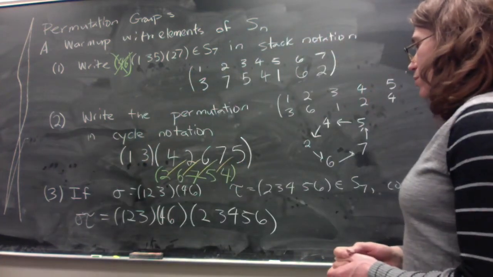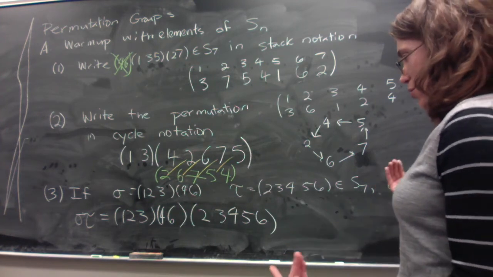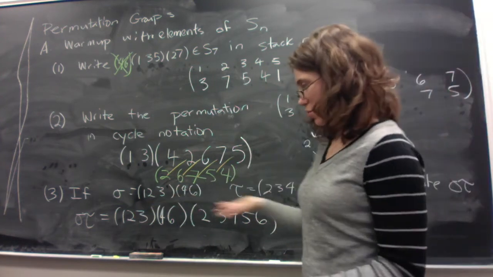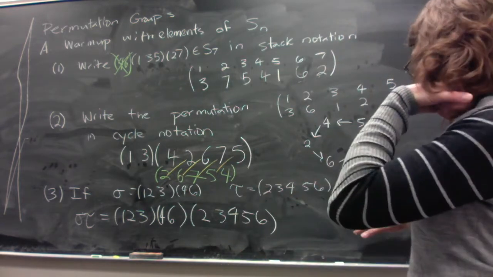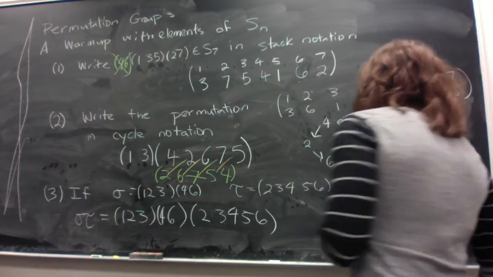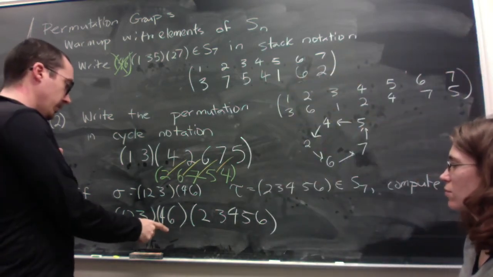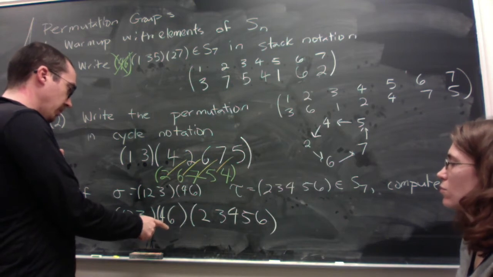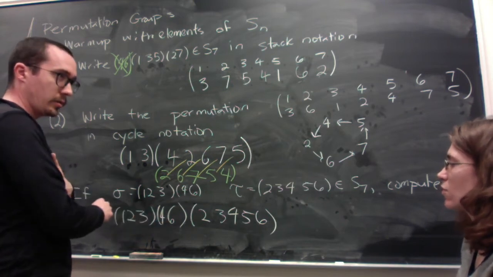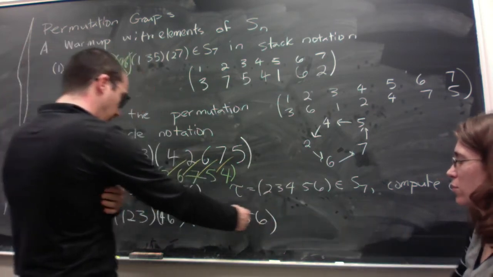But then the question is, do we go from right to left or from left to right? On the first worksheet for groups, we said something about doing it like function composition. And these are functions, so I think we want to go this way.